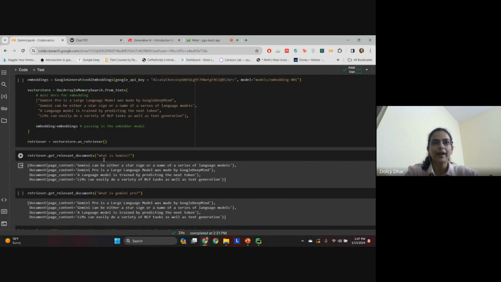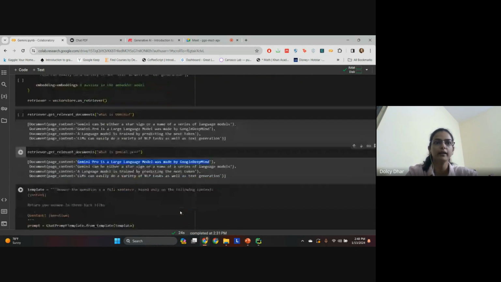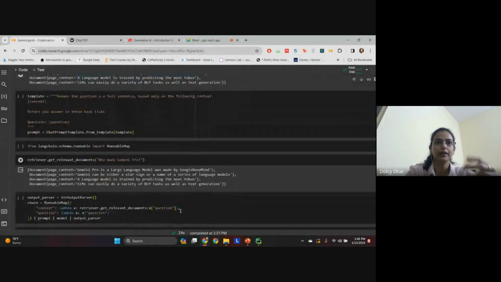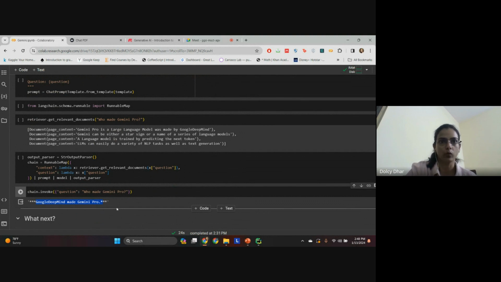So if I ask what is Gemini and call this method, get relevant documents, it will alter the sequence in which the documents are there, and it will pick up the document that is most relevant at top. And if you talk about Gemini Pro, it will pick up the Gemini Pro from Google DeepMind. And if you ask a question, it will even answer that Google DeepMind made Gemini Pro.